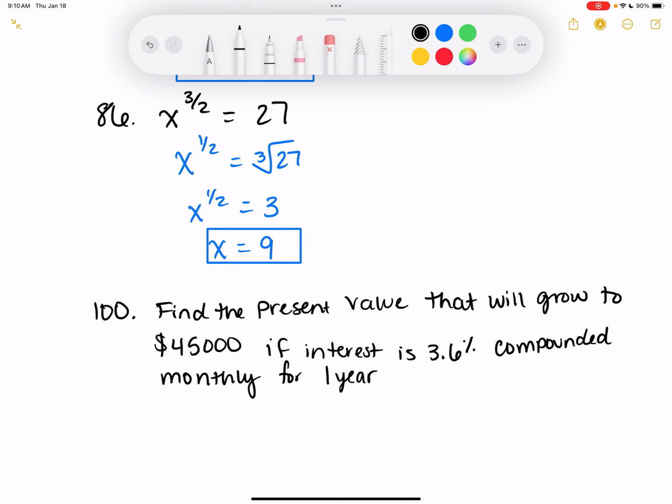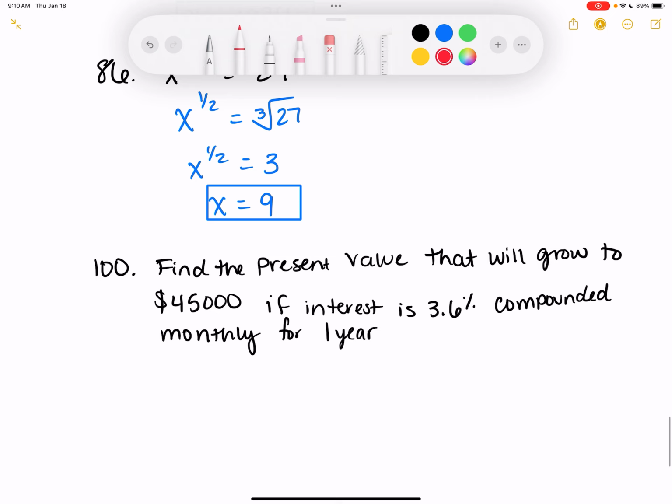All right, so the formula that you have in your notes is A is equal to P times 1 plus r over n, raised to the nt. N is the number of times it's compounded. T is the time in years. R is the rate.